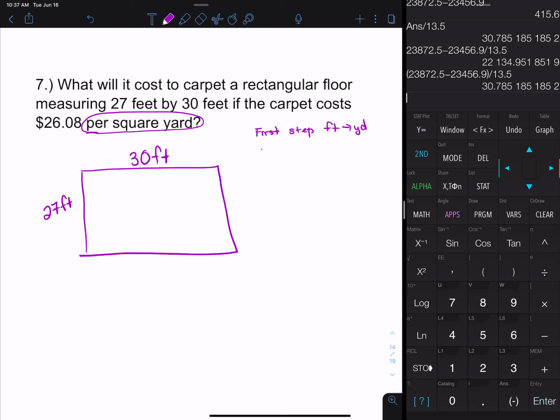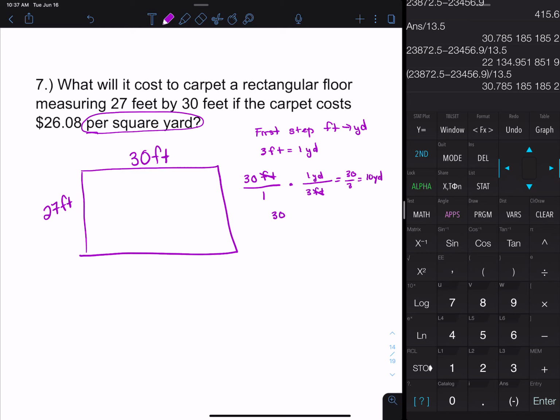So you may know there's 3 feet in 1 yard. So I'm going to use that dimensional analysis we talked about a little bit. I'm going to take that 30 feet and multiply it by 3 feet in 1 yard, because I want these feet to be diagonal from each other so they'll cancel out. So I have 30 over 3, which gives me 10 yards.